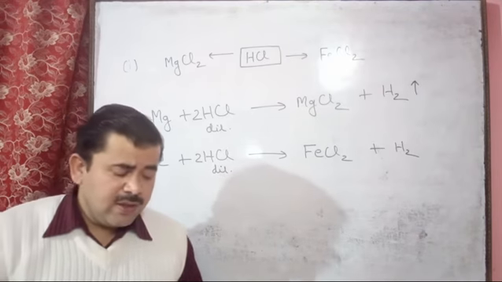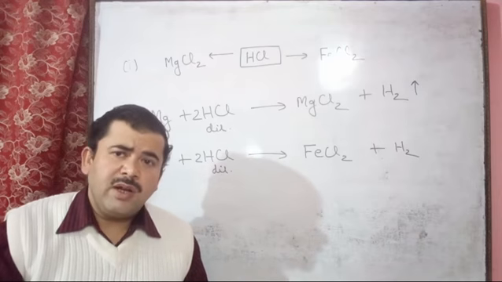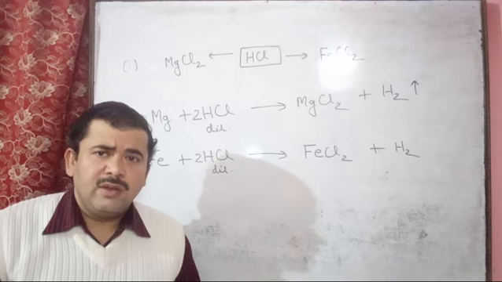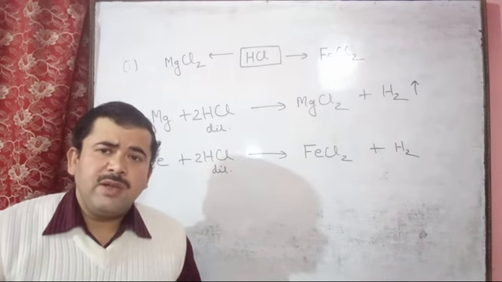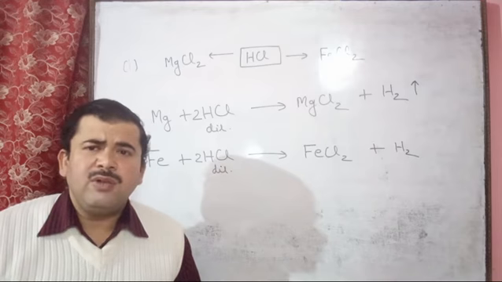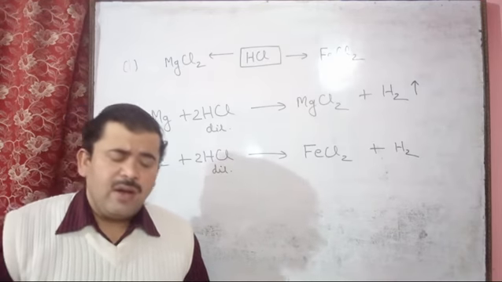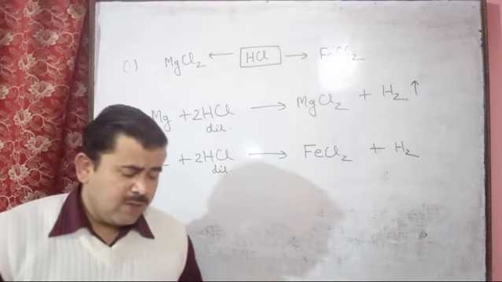This is the reason we get the hydrogen by the downward displacement of water, not by air. Hydrogen is immiscible, very slightly soluble, in water, and we can get it by the downward displacement of water.